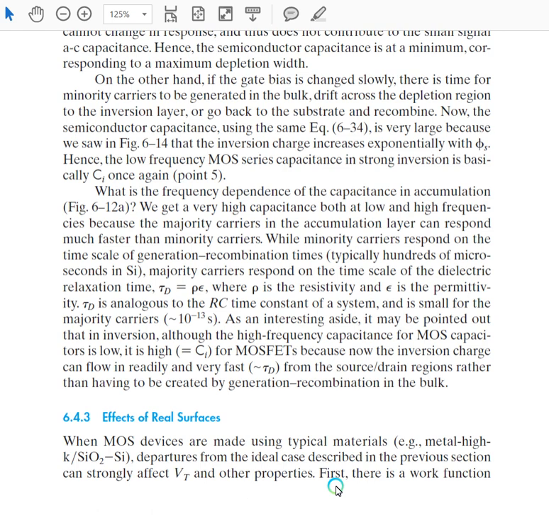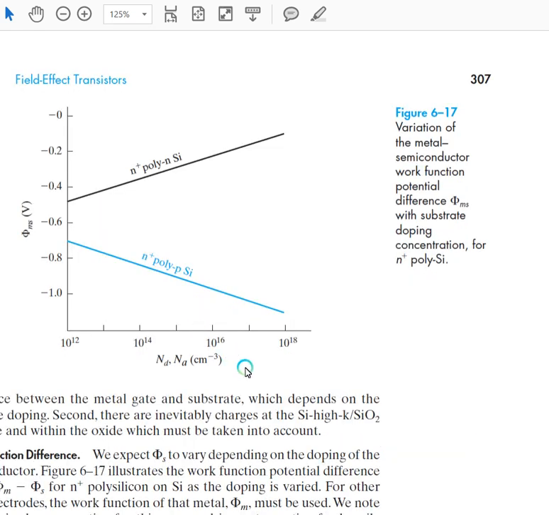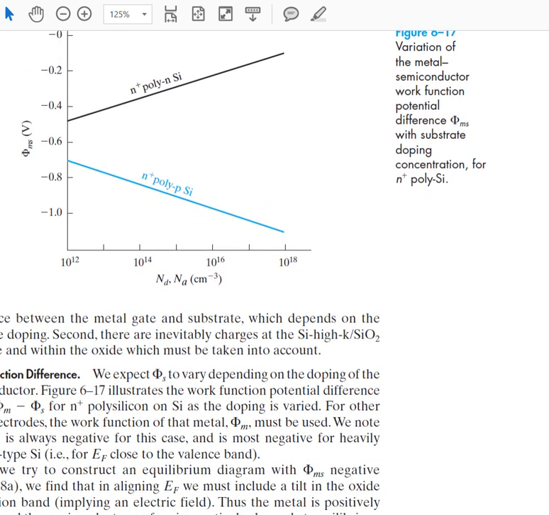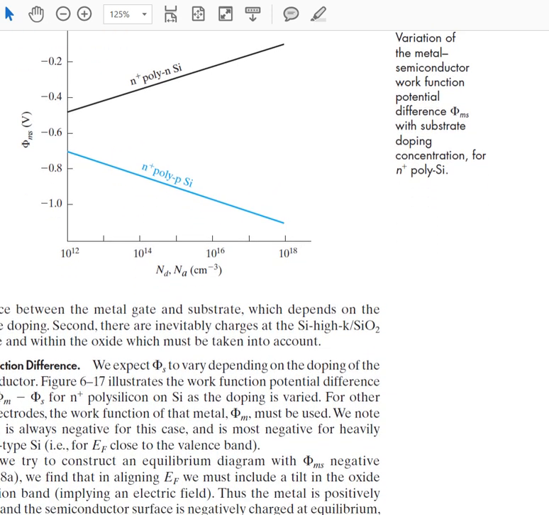So obviously, while we assume in the ideal case that there is no work function difference, in reality there will be a work function difference. First of all, the applied voltage on the gate has to supply this amount of work function difference between the metal and the semiconductor.